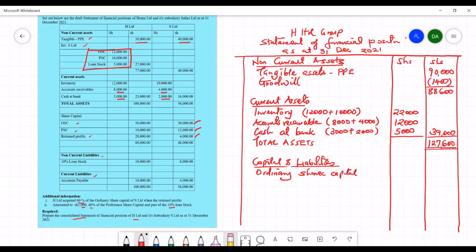Here, when we present it, we only present the ordinary share capital for the parent company and not for the subsidiary, because the one for the subsidiary was acquired by the parent.